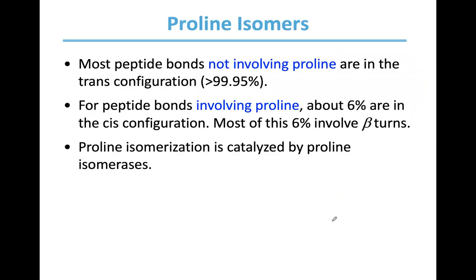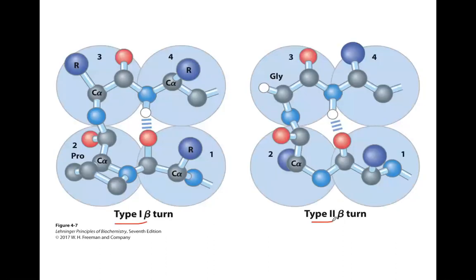And so what's important here, obviously, is the ability of the proline. You can see here, you want this to be able to make a sharp turn. And so as we talked about, most amino acids like to adopt the zigzag 180-degree conformation, right?